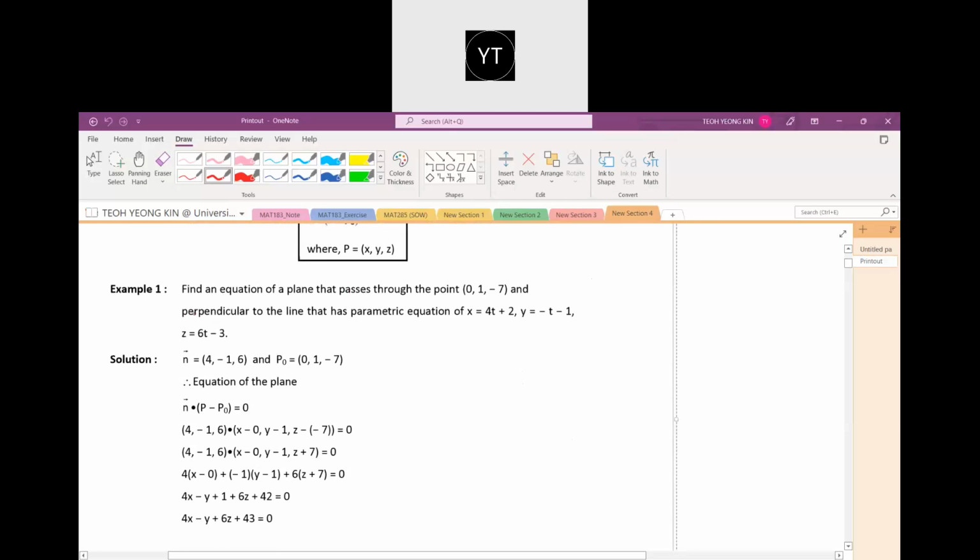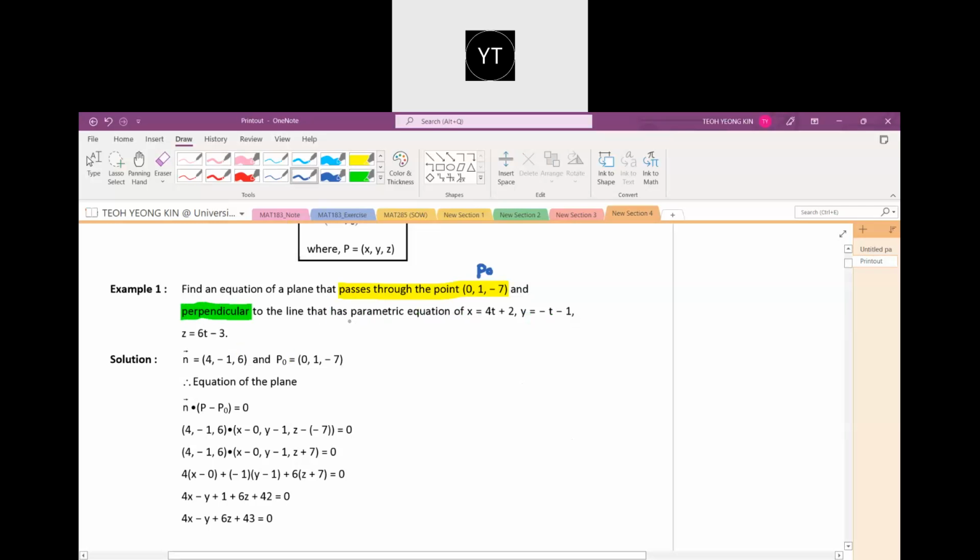You can see that in example 1, find the equation of a plane that passes through the point (0, 1, -7). So this point will be our P naught, which is the point on the plane. And the other keyword here is perpendicular to the line that has a parametric equation of x, y and z.